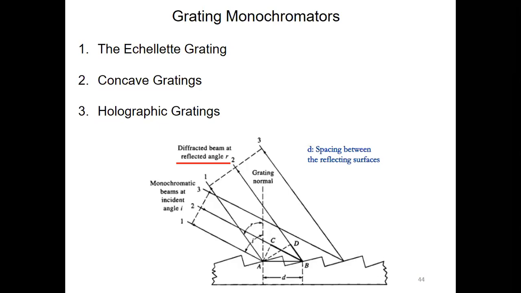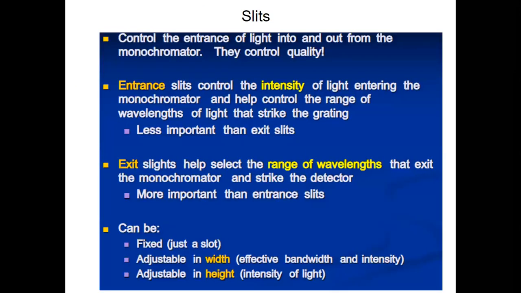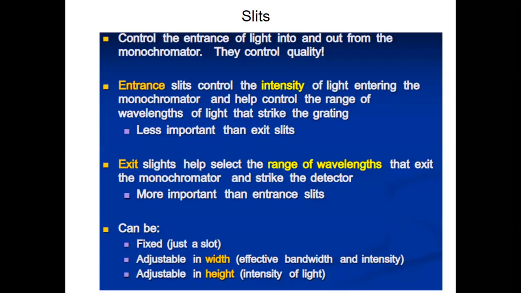Right. Then we talked about the sources and wavelength selectors, and in the wavelength selectors, slits are there. Next, we have to talk about the sample cells, but before that, let's talk a little about the slits also.